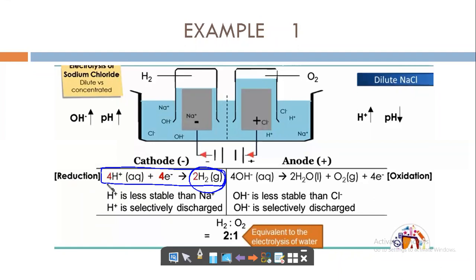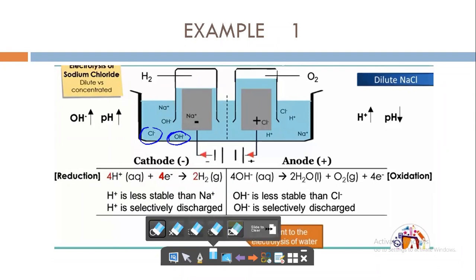Let's look at the anode and we will stop from there. At the anode, this time you have the anions, so you have OH- and Cl- for this example.